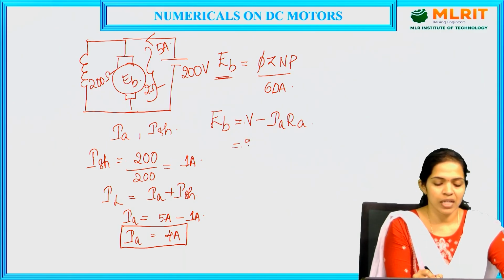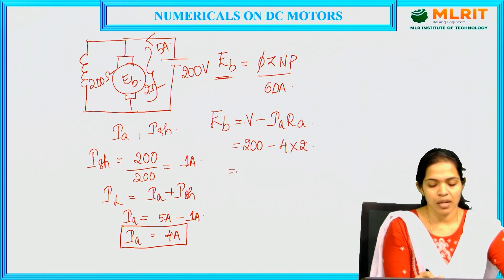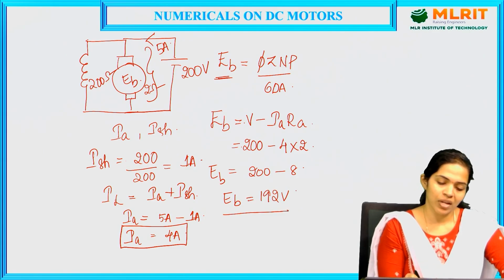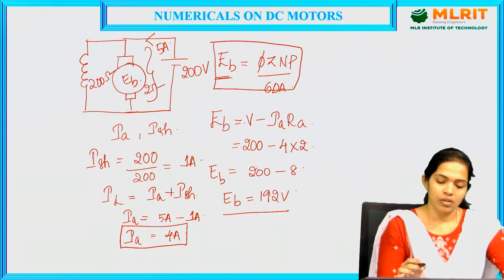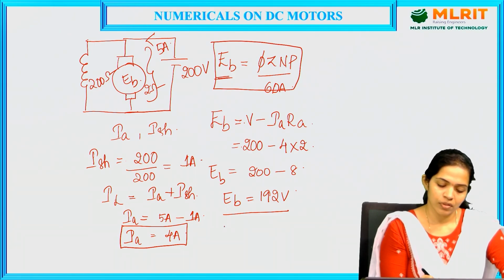So V is given as 200. We got Ia as 4 and armature resistance is 2. 200 minus 8. So here now your Eb will be 192 volts.